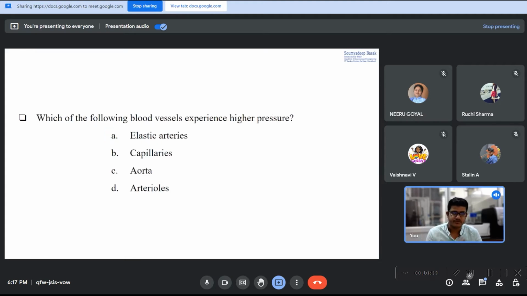Then we have: which of the following blood vessels experience higher pressure: elastic arteries, capillaries, aorta, or arterioles. Among these, which experiences the highest blood pressure? In the vascular tissue engineering lecture we have learned about this.